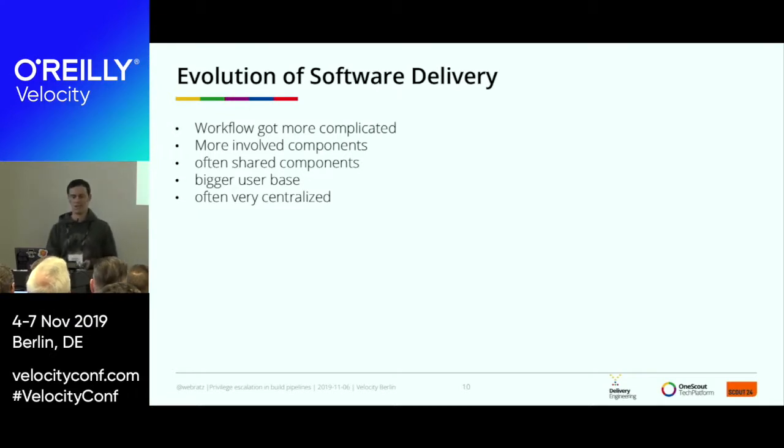More and more components got involved, and the components often were shared because it didn't make sense to reinvent the wheel all the time. The systems often became very central to deploy things, especially if you had an organization split between dev and ops. Maybe there was one centralized system that one team offered to another to bring things into production. And of course, the user base often grows, the company gets bigger and so on.